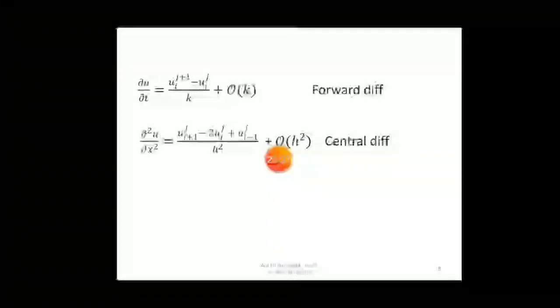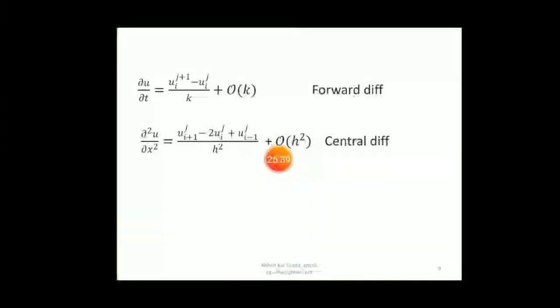Okay, so you look at del 2u del x square: u(i+1, j) minus 2 u(i, j) plus u(i-1, j) by h square. You understand this on the second formula. So superscript j has not changed, but the subscript i has changed.